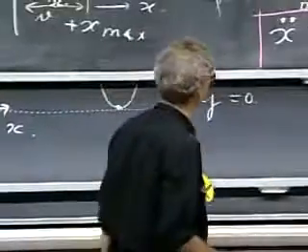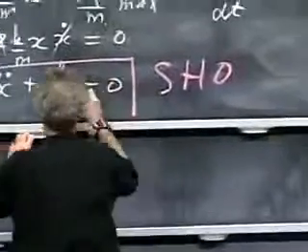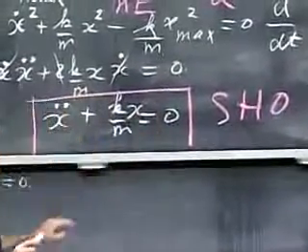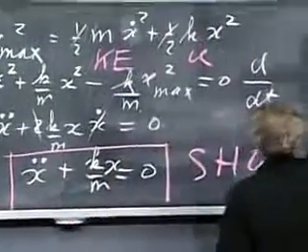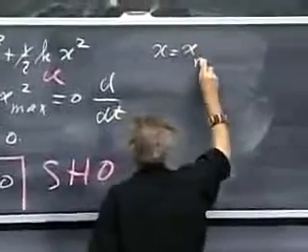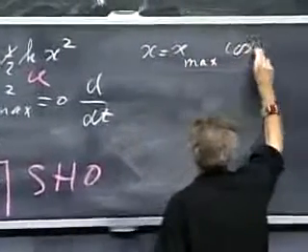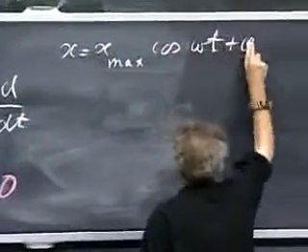We know the solution to this equation. There's an x here. I heard someone mention the x. Thank you very much. The solution is x equals x max times the cosine of omega t plus phi.